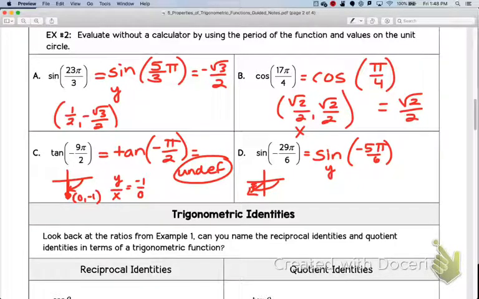Yeah, 30 divided by 180 is 1/6. So we're at 30 degrees, so that puts my ordered pair at negative root 3 over 2 and negative 1/2, because the opposite of my largest would be root 3. So my answer here is negative 1/2.